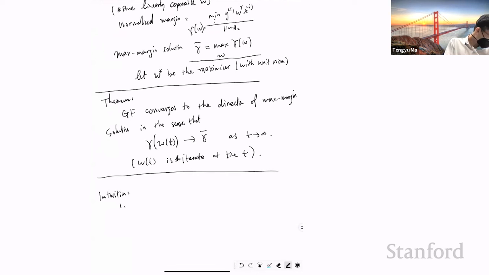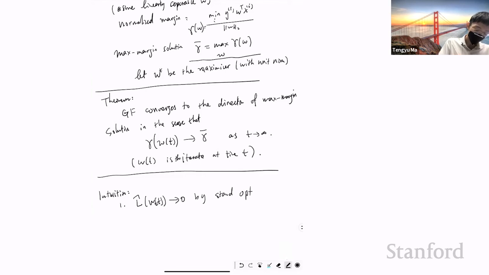Step one: this loss function, L hat of W_t, is going to 0 by a standard optimization argument, which is not covered by this course, but you can kind of believe it. If your optimization is working, then your loss should go to 0.